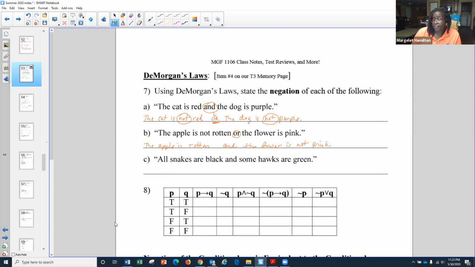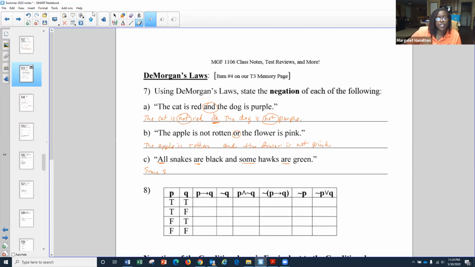Right? We got that? All right, and our last one, look, we have all snakes are black and some hawks are green. So here they are throwing in all are and some are. So negating all are, we know it negates to some are not. So some snakes, not shakes.